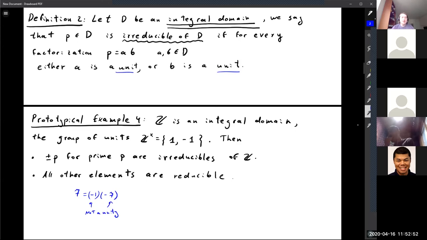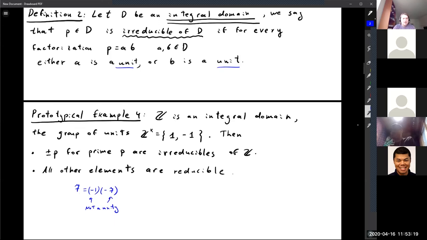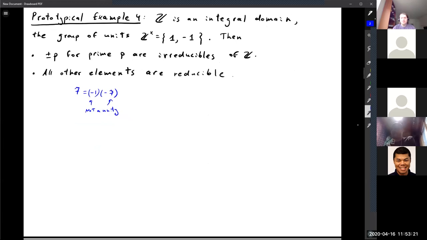So we need to allow for factorization as a unit times something, because even in the ring of integers, primes can be factorized, but it will always have the property that one of the factors must be a unit.